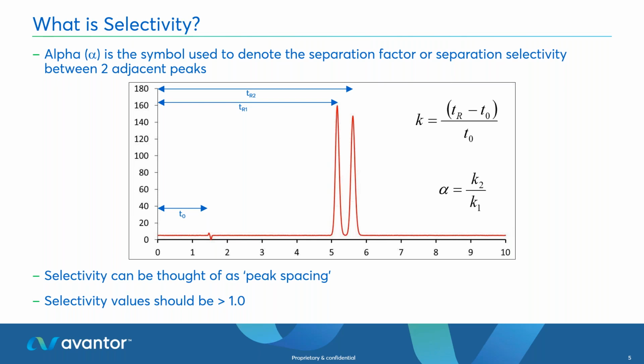It needs to stay on the column for a certain amount of time, needs to be retained. We need to think about how efficient our peaks are, so how sharp and narrow they are. And we also need to think about this term alpha, which is selectivity. And that is your separation factor, your separation selectivity between two peaks.